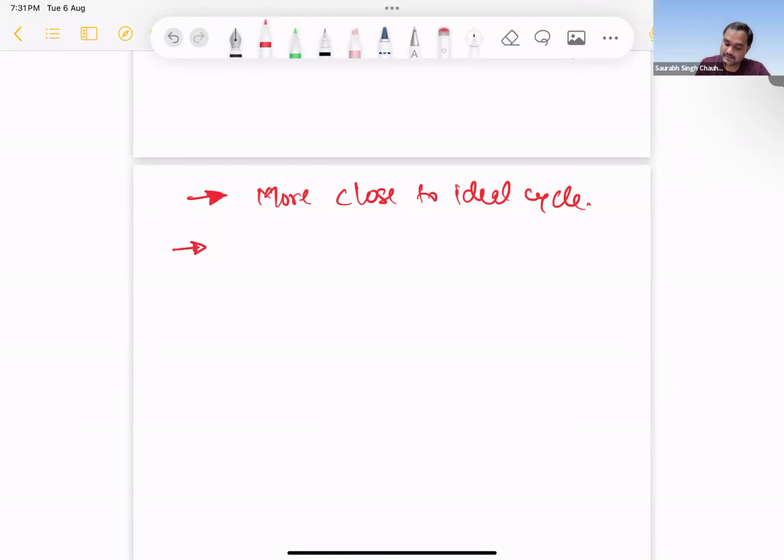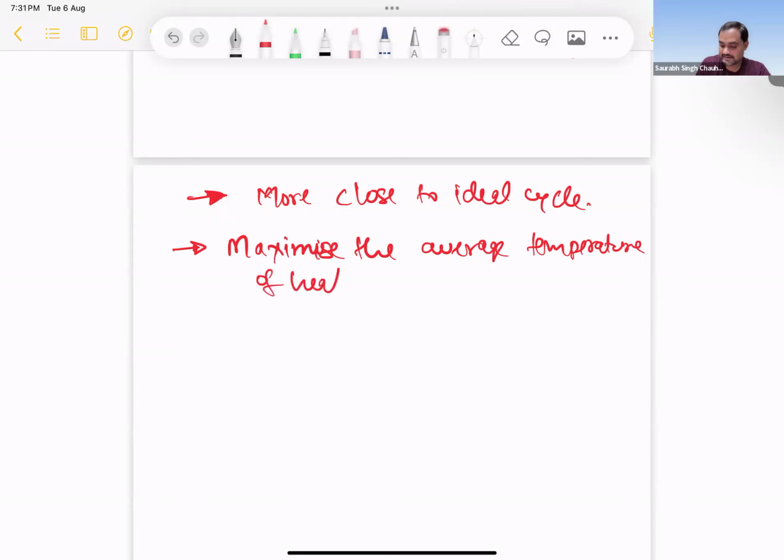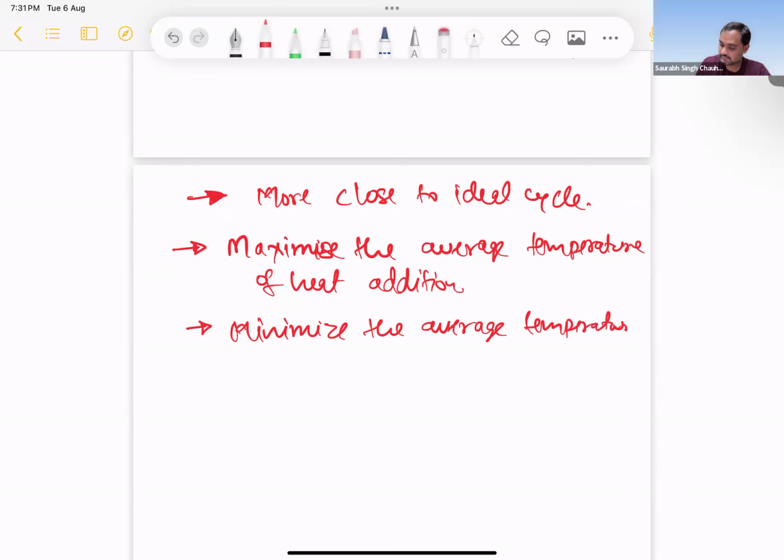And maximize the average temperature of heat addition and minimize the average temperature of heat rejection.